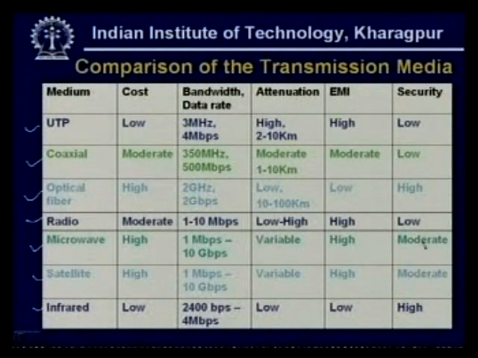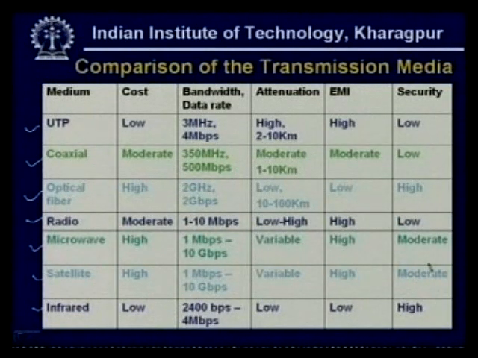Microwave and satellite have moderate security because it is not that easy to receive the signal from terrestrial microwave or satellite. You have to set up an antenna, and then it will require a good amount of effort. On the other hand, infrared has high security because it is within a room.